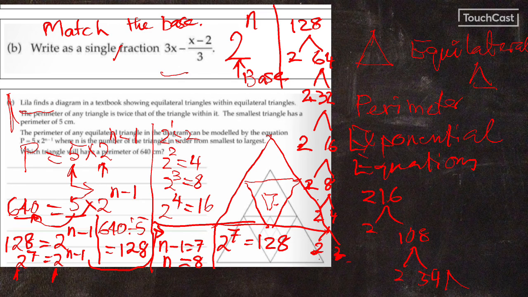So finally you've got to make the statement that the 8th triangle will have a perimeter of 640 centimeters.